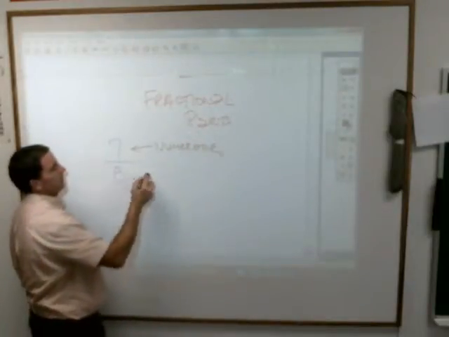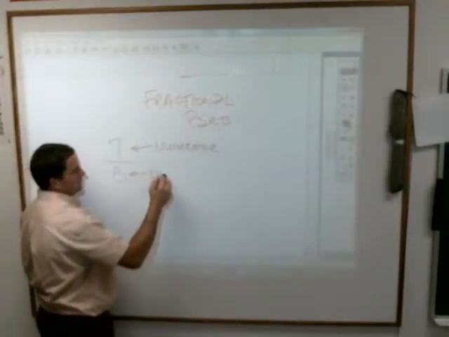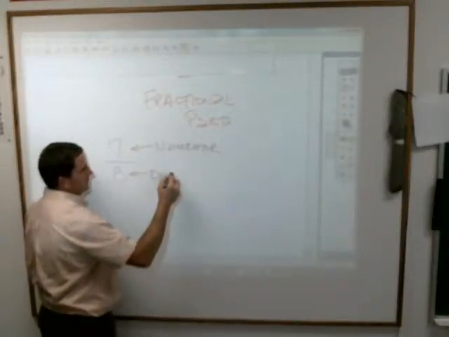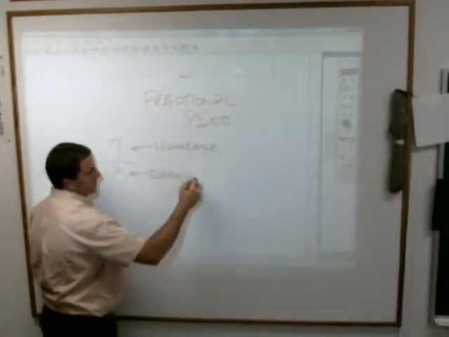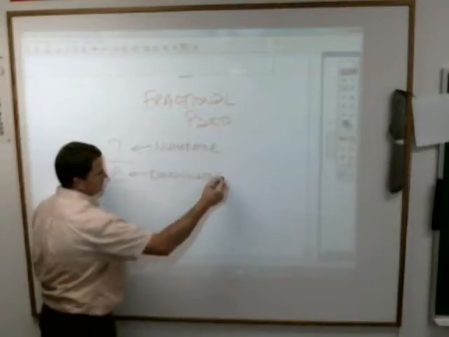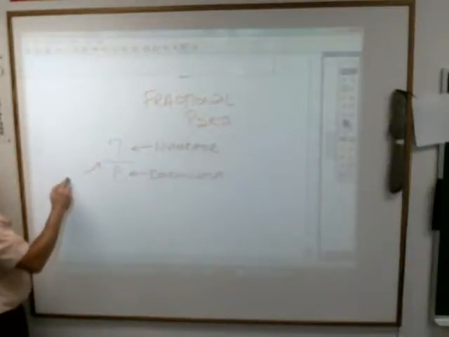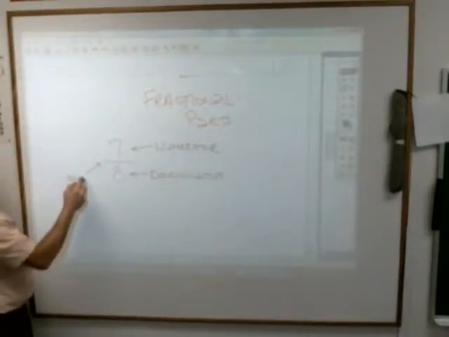Top number is the numerator, the bottom number is the denominator. And then the little fraction line, we pretty much lovingly call the fraction line.